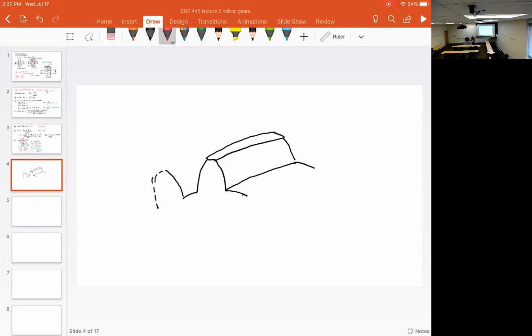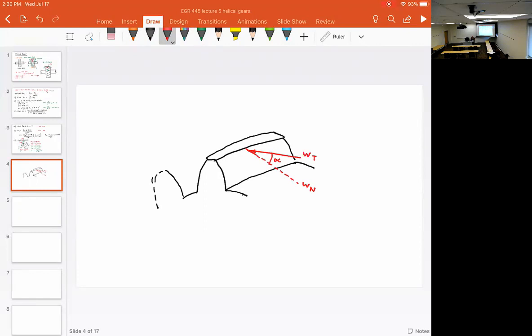So let's start with Wt. Wt will be in this direction. Now, when you have Wt in this direction, recognize that you are going to have a component of Wt. I mean, you will have Wn here, and this angle is going to be alpha.